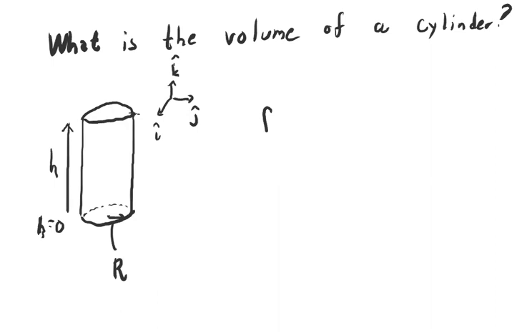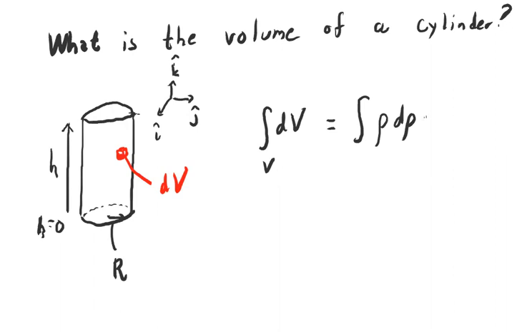So what am I trying to do? I want to calculate the volume of this cylinder. The way I do this is I just break the cylinder up into little differential volume elements, dV. I know what those are. They're rho d rho d phi dz. And I do this integral in 3 dimensions. It's a volume integral.